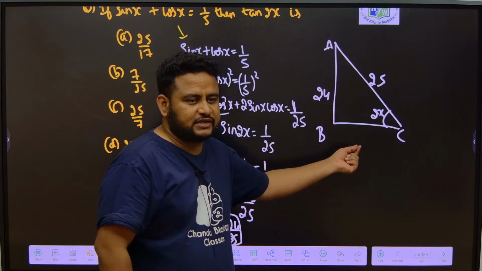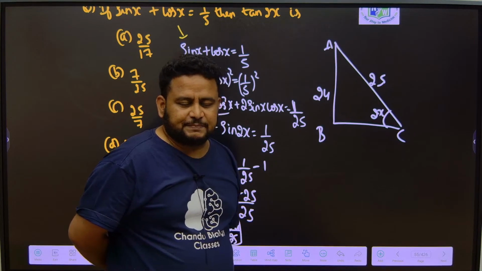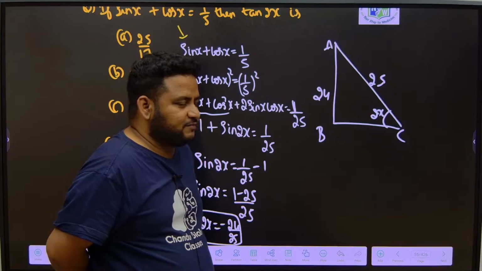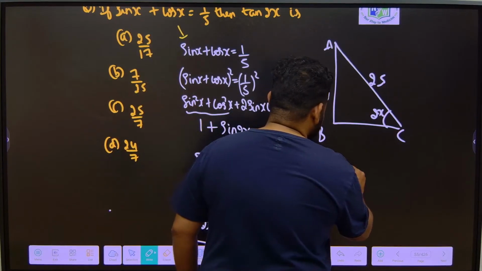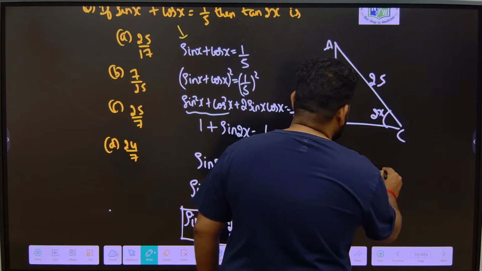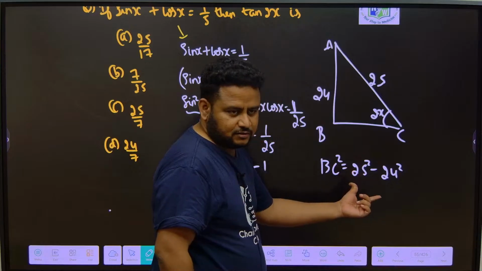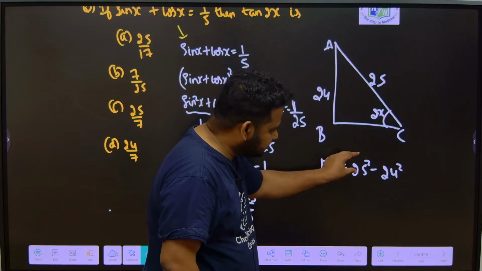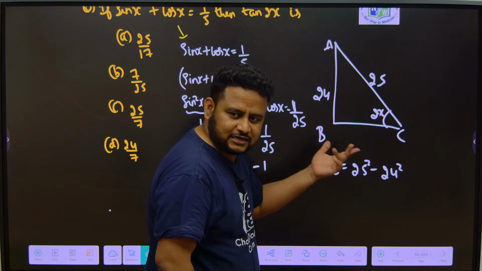Now, what about the next one? We have to use the Pythagoras theorem. If I apply the Pythagoras theorem, I have to find BC. So BC square is equal to 25 square minus 24 square. If you don't know the squares, this is nothing but a square minus b square, which I can write as a plus b, a minus b.